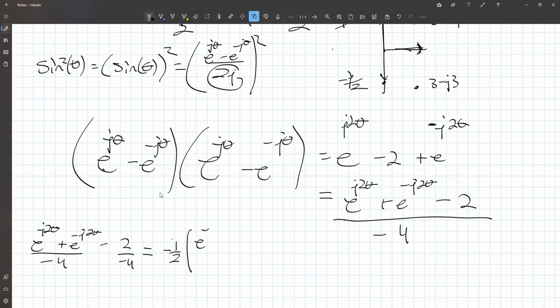So then we have E to the J 2 theta plus E to the negative J 2 theta, excuse me, there's a minus sign there, and then that's divided by 2. And then this would be plus 1/2, right?